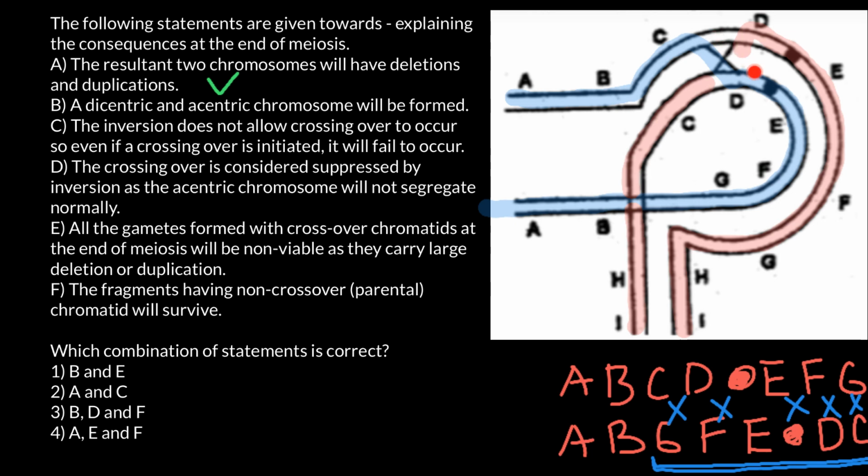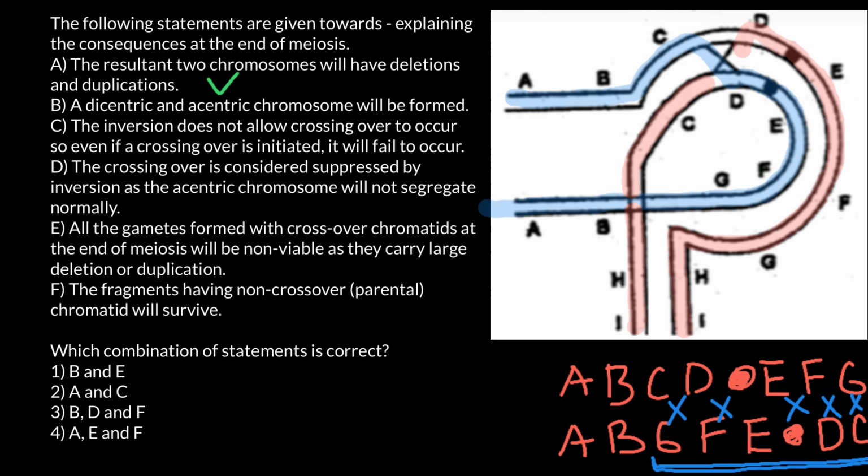Actually, as you see, there is no problem for crossing over to occur here because the sequence of 2 chromosomes would be the same due to this structure here. So gene C, gene D, E, F, and G would line up, and nothing would prevent crossing over from happening.